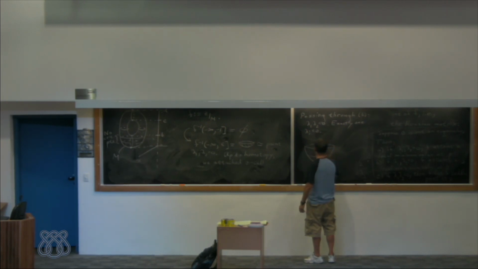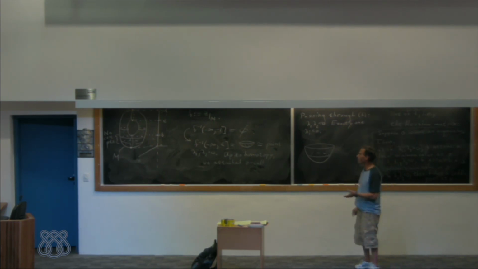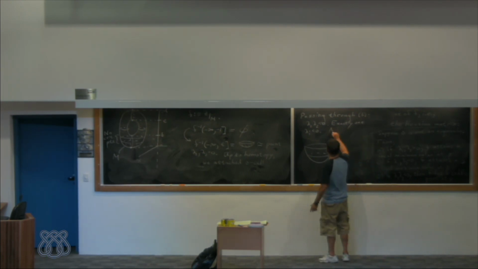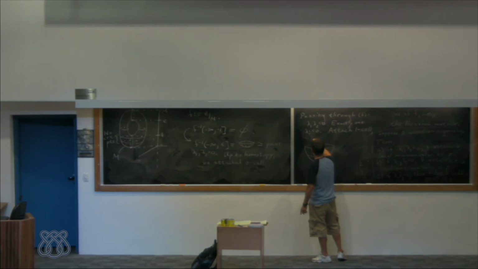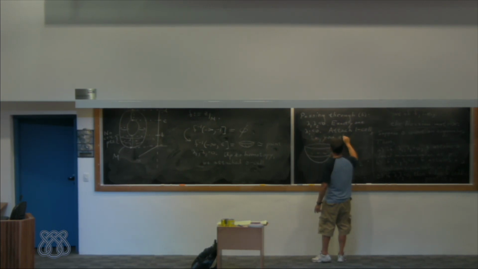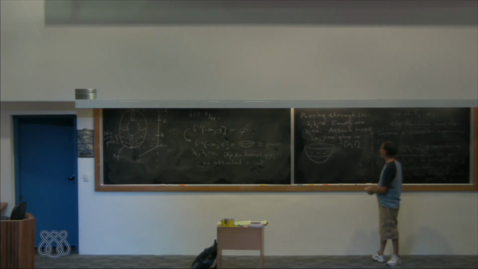So before you hit the critical point, you had that. I claim that up to homotopy, what you did was you attached a 1 cell. That means, i.e., you take a 1 cell and you glue it along its boundary.